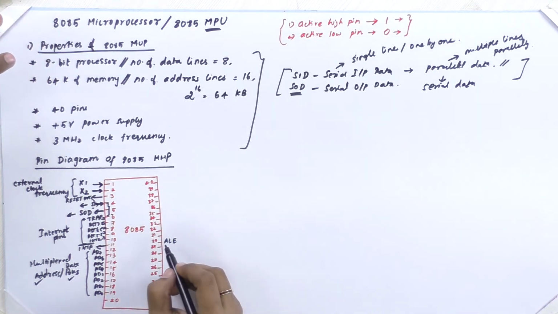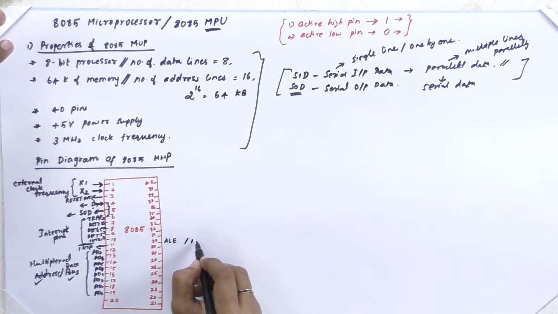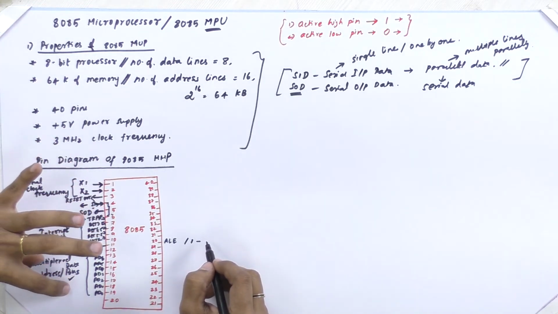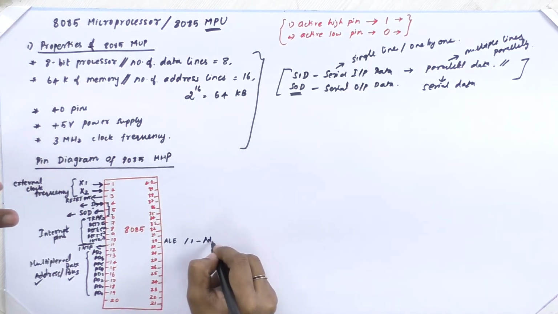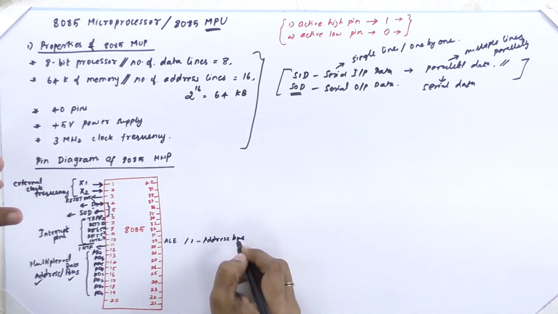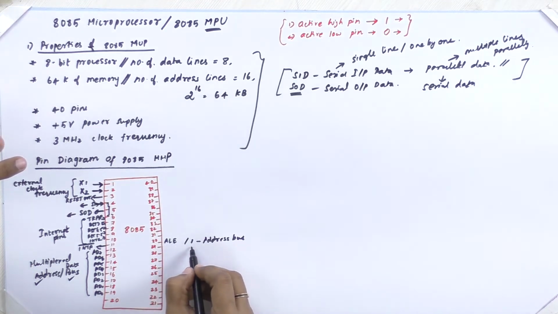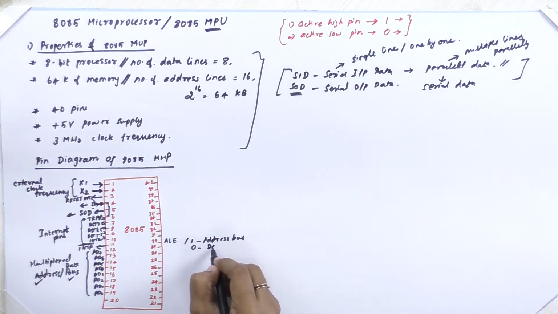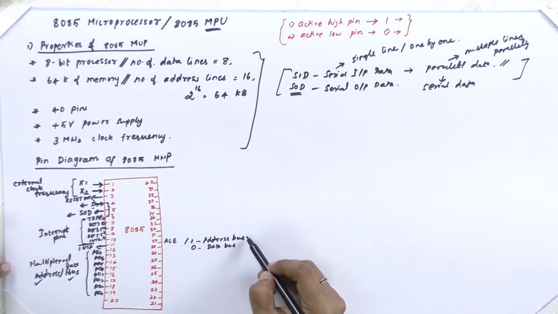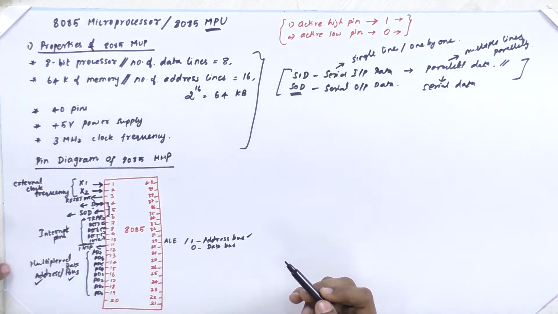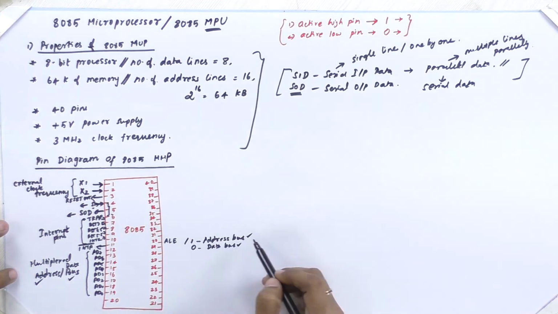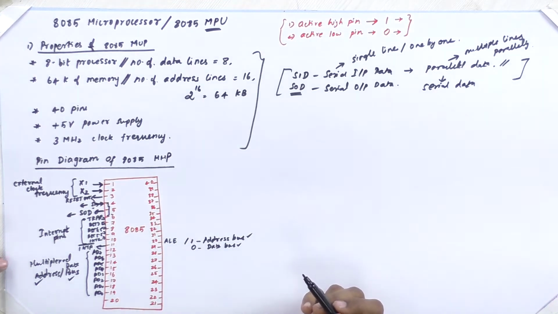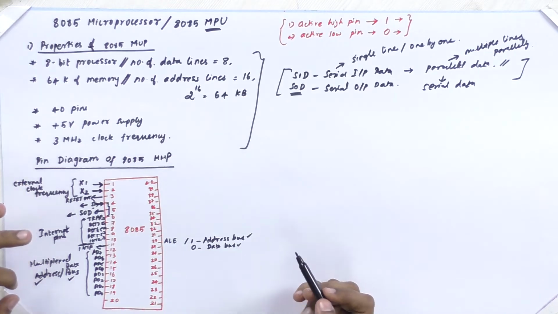Whenever the value of ALE is set to 1, the multiplexed address and data bus will act as address bus. If the value of ALE is set to 0, these multiplexed buses will act as data bus. This happens during the first clock cycle of a machine cycle and the remaining clock cycles respectively. So this is about the multiplexed address and data bus.